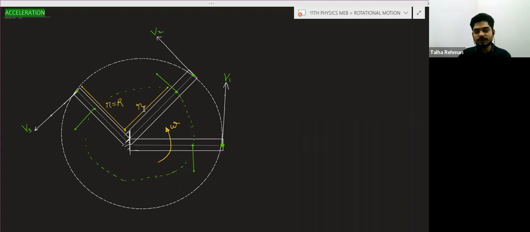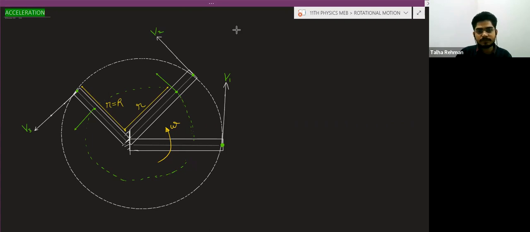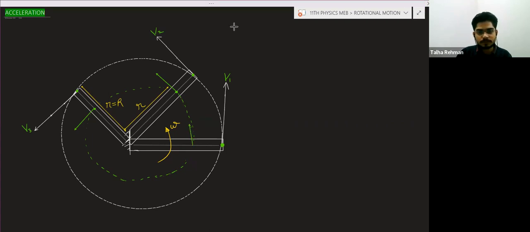You can choose another particle on the rod. Suppose I choose another particle here. This particle will also move in a circular path like this.